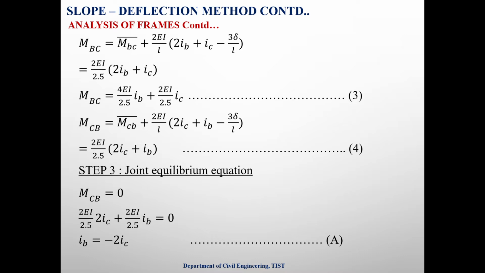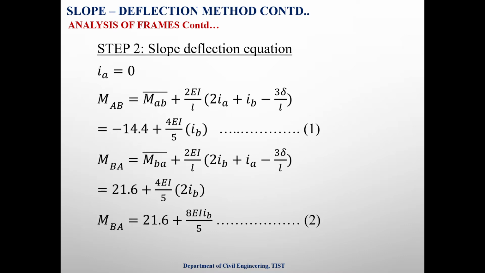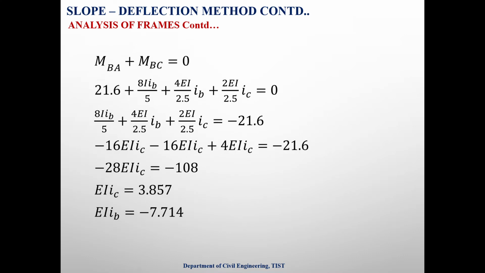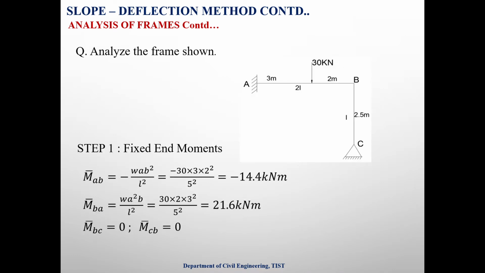After writing the slope deflection equations, step 3 is the joint equilibrium equation. We have two unknowns, one is theta B and one is theta C. To find these two unknowns, we should have two equations. What are the two joint equilibrium equations here?